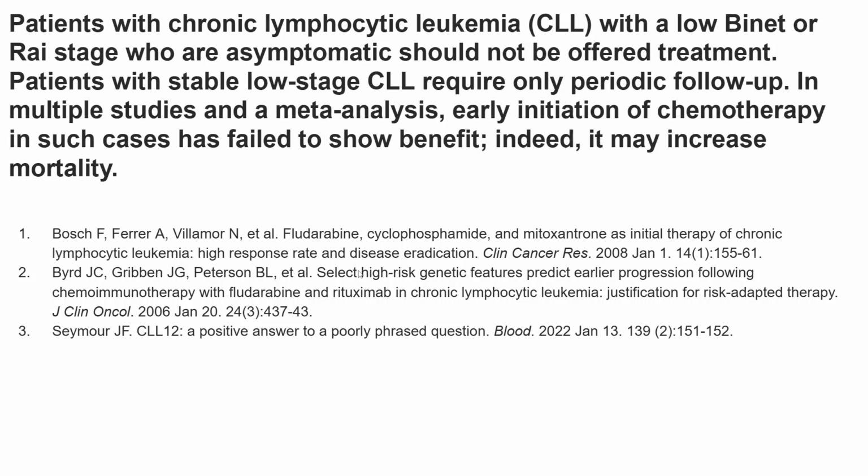Now, the treatment protocol. The standard guideline of the treatment is that in the initial stages, patients with chronic lymphocytic leukemia with low Binet or Rai stage, where there is not much of a significant issue and they are asymptomatic, should not be given any chemotherapy.